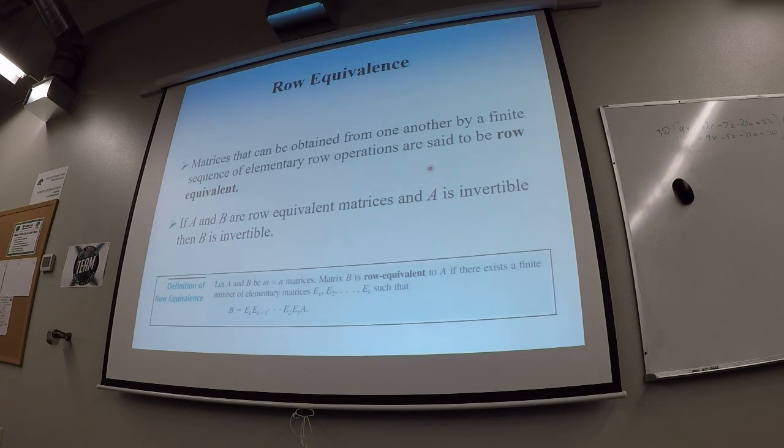If I start with a matrix and do a whole bunch of elementary row operations, one thing at a time, and I get another matrix, they're row equivalent. Every time we've been doing this, they're row equivalent, the little squiggly ones. And if A and B are row equivalent and one is invertible, then the other is also invertible.